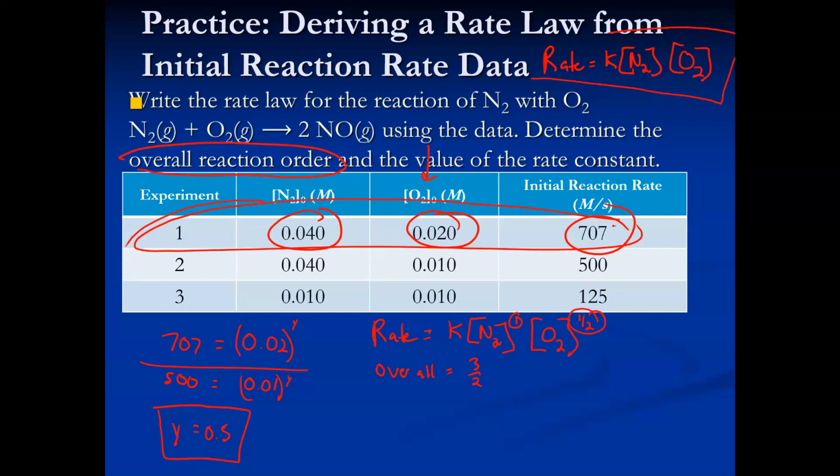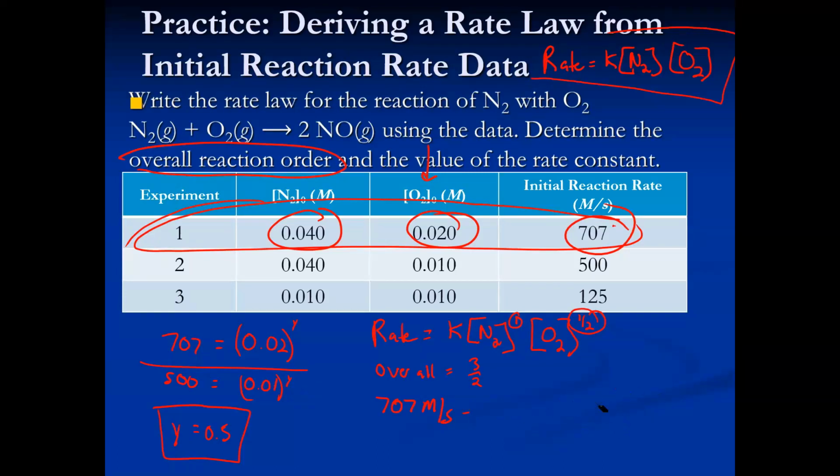They'll stop eventually. All right, so if we do this, we just plug in our rate, 707 meters per second equals K times 0.04 times 0.02 to the 1/2. So we plug all of this in, and let me just put my units in here.